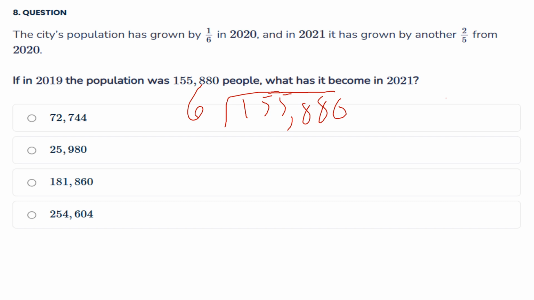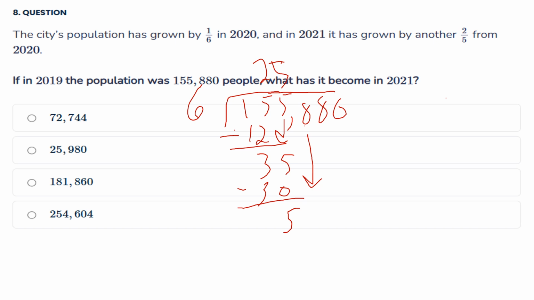All right, 6 can't go into 1. 6 can go into 15 2 times. 2 times 6 is 12. 15 minus 12 is 3. We bring that 5 down. 6 goes into 35 5 times. 5 times 6 is 30. Or, excuse me, 35 minus 30 is 5.